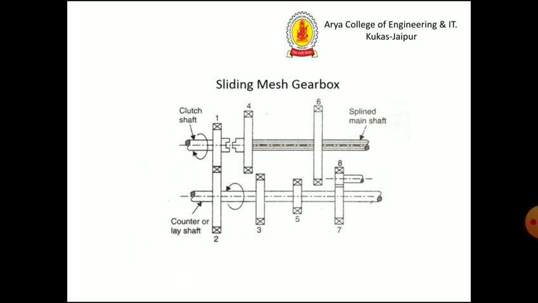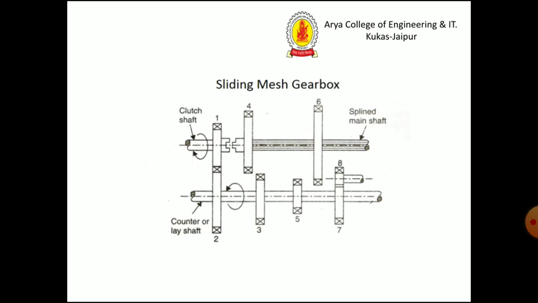On the lay shaft there are gears number 3, 5 and 7, and also there is an idler gear, and a reverse gear number 8 is also mounted on the counter shaft. On the main shaft, which is splined, gears number 4 and 6 are attached.